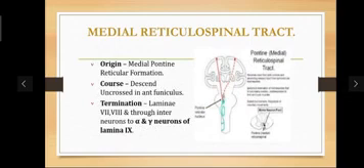Now we will see the reticulospinal. The medial reticulospinal is also called the pontine reticulospinal tract. It originates from the pontine reticular formation, and it descends uncrossed in the anterior funiculus.